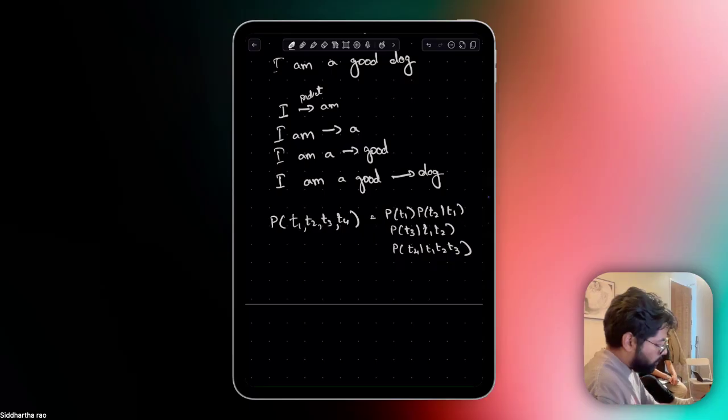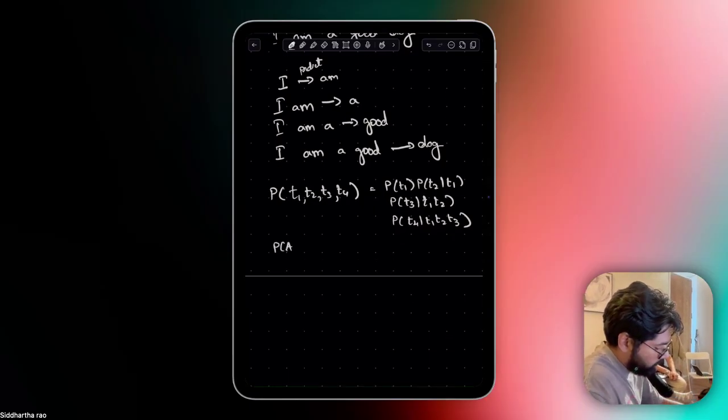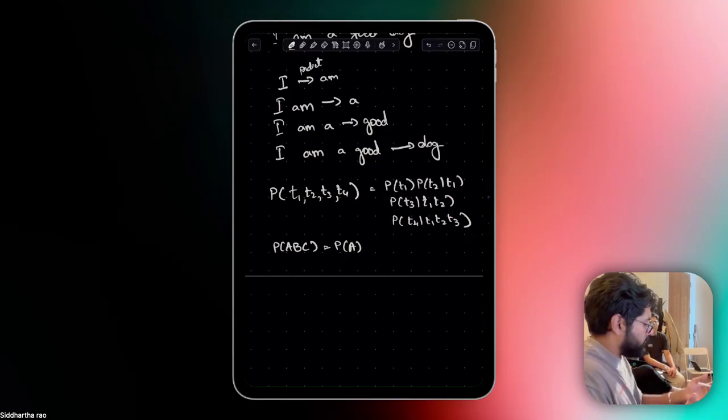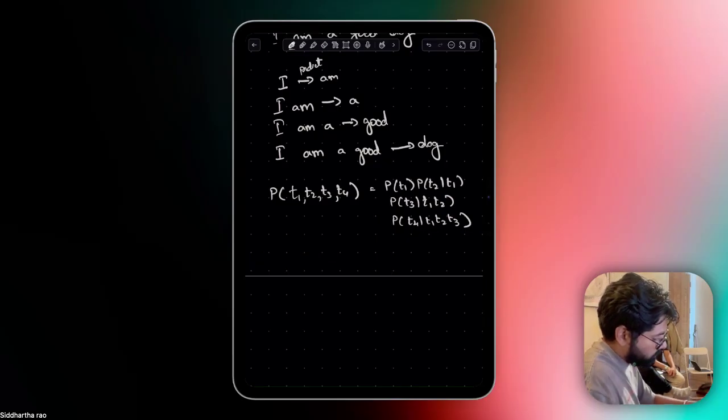So the joint probability of any sequence of events is expressed as conditional probabilities. If you have predicted the last 4 words correctly, the probability of predicting the next word is going to be very high.